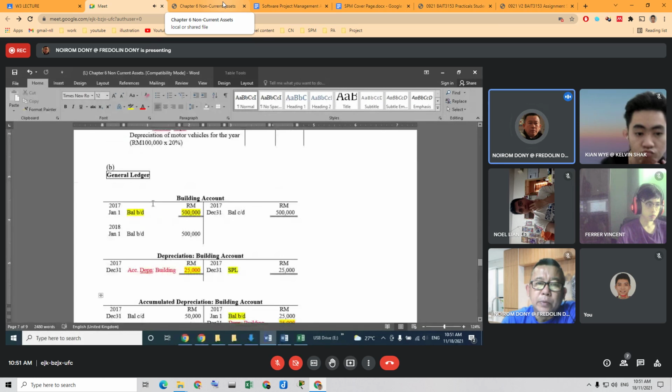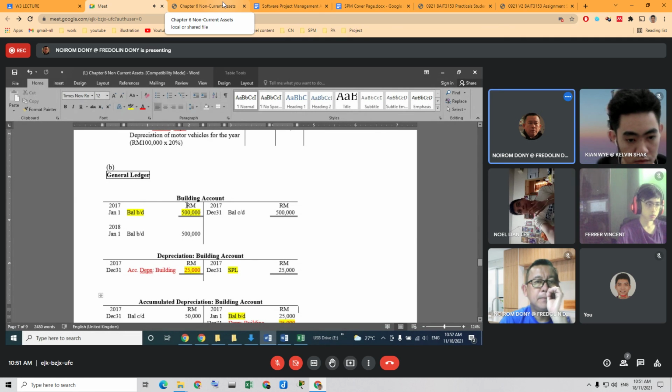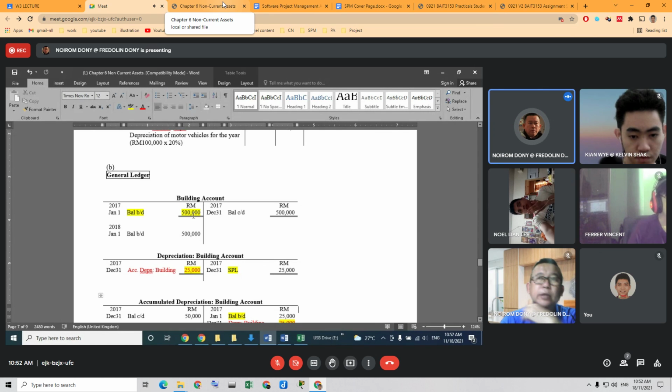So it will be debited. Let's say 10,000, so we debit here 10,000. So your balance CD for building is no longer 500,000, but it will be 510,000. Can you understand? Debit building and credit revaluation.